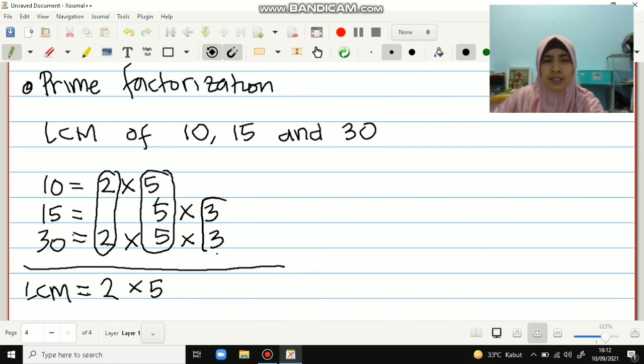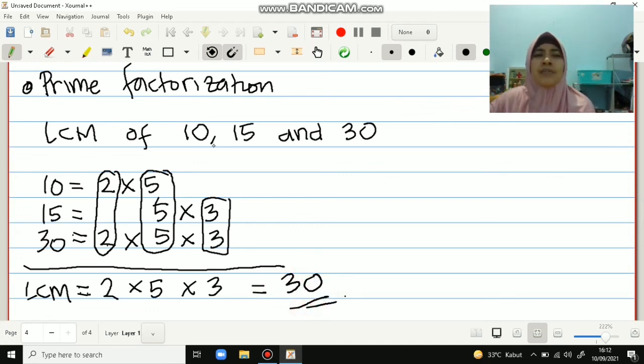And 3, we write it as 1, 3. So the LCM is 2 times 5 times 3. That gives us 30. So the LCM of 10, 15, and 30 is 30. 30 itself. Because 30 can be divided by 30, divided by 15, or divided by 10.